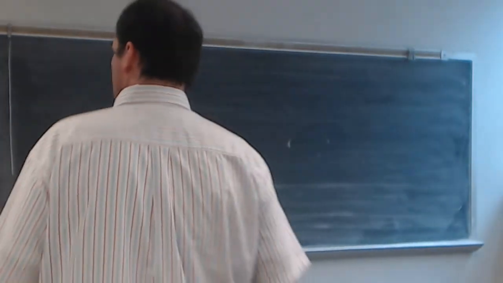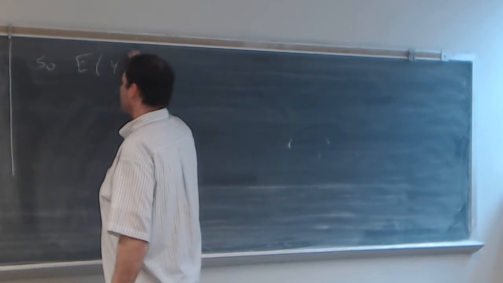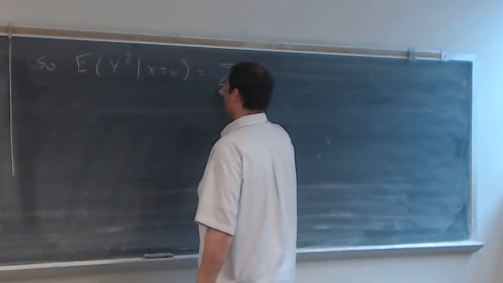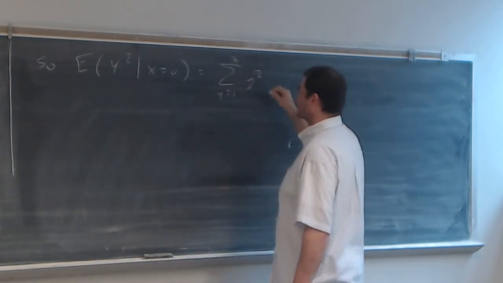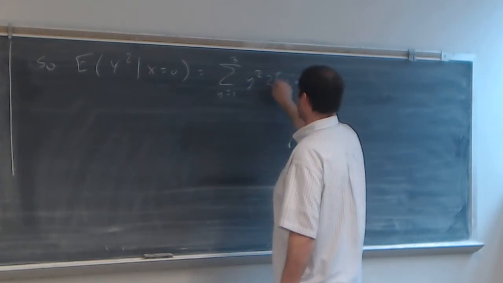Okay. So the expected value of y squared given x equals 0. Now, we want this sum, as y runs from 1 to 3 for our problem, of y squared, and here I have f of 0, y times 2.